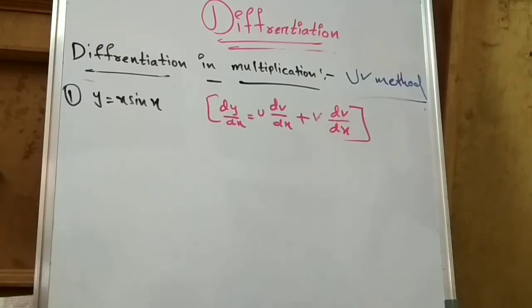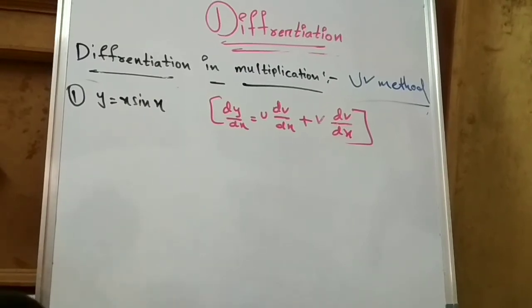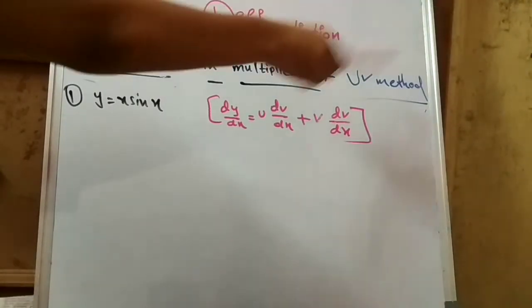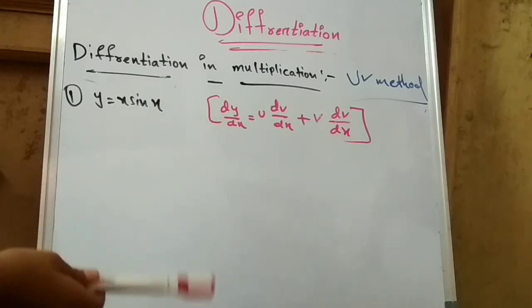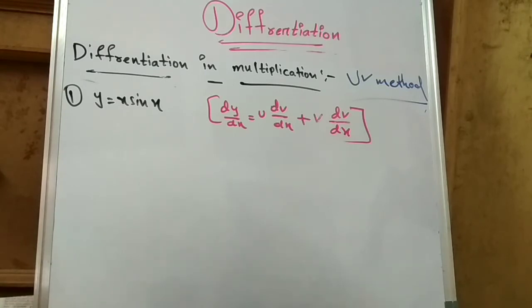So now we will do differentiation in multiplication. This is also called the UV method. Now the question is y is equals to x sin x. So this will be like u dv by dx plus v du by dx. First you need to hold one.